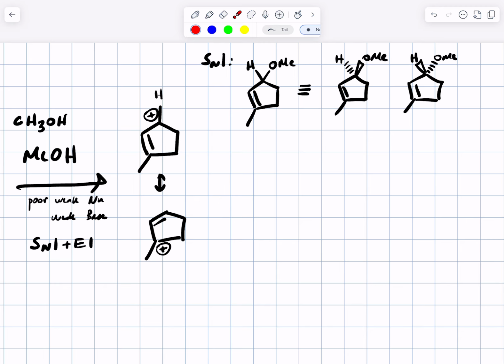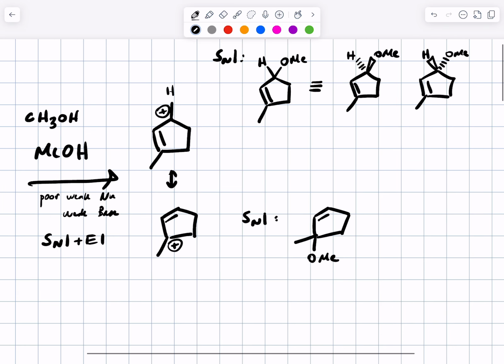Of course, the SN1 product for the resonance structure below would simply be this one, though it represents two products, right? Two stereoisomers.